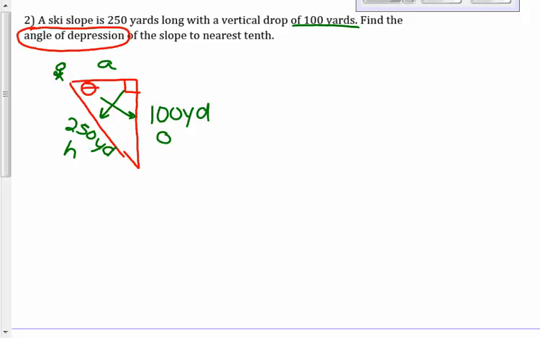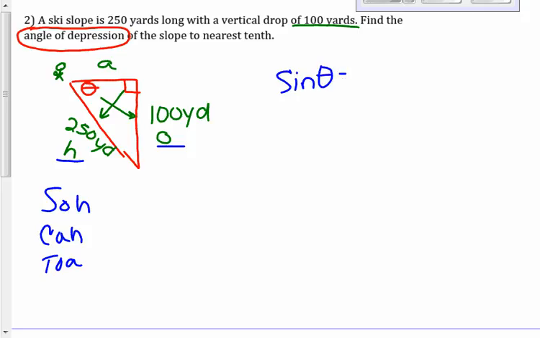So we need to identify, is it sine, is it cosine, or is it tangent? We have O and we have H, so that's going to be sine. We're going to have sine theta equals opposite over hypotenuse.